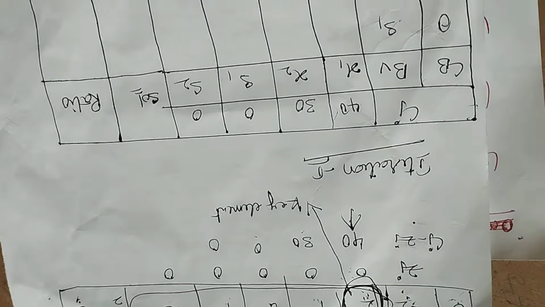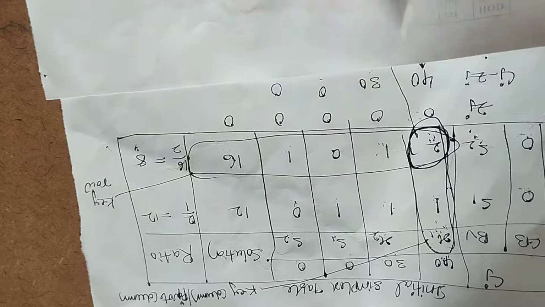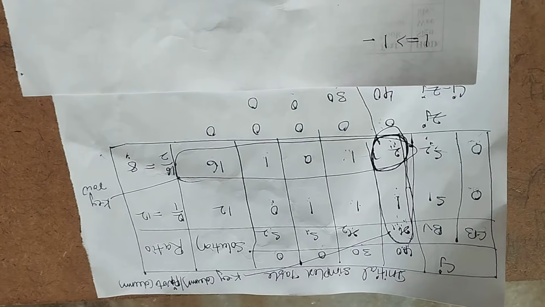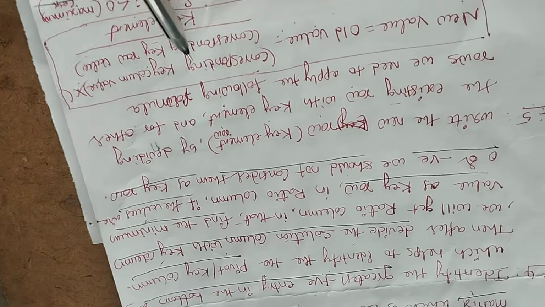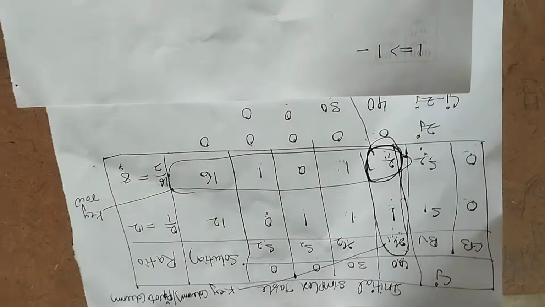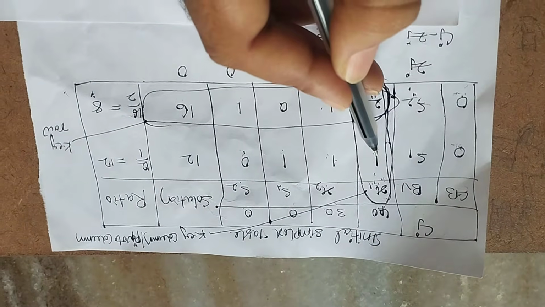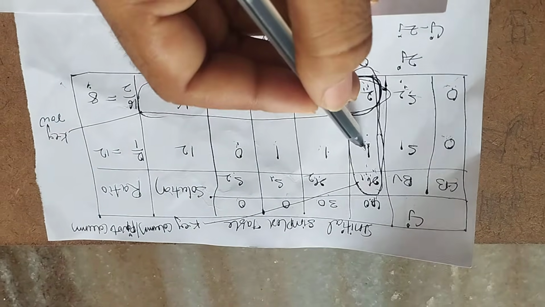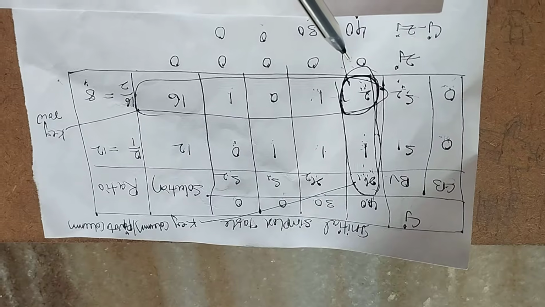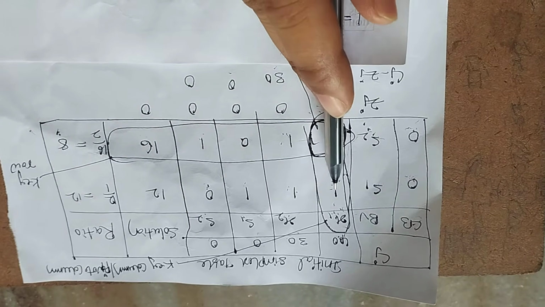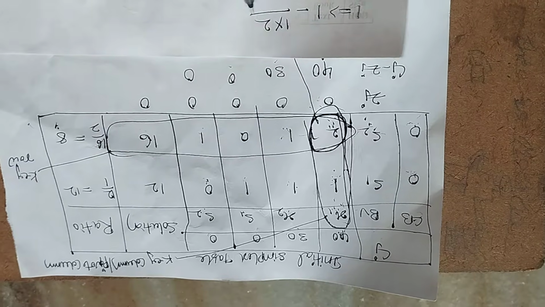First value: the old value is 1, minus the corresponding key column value, which is also 1, into the corresponding key row value, which is 2, divided by the key element.